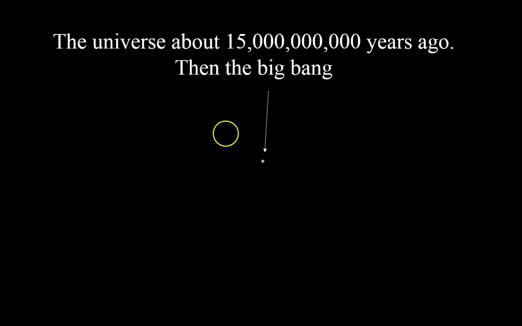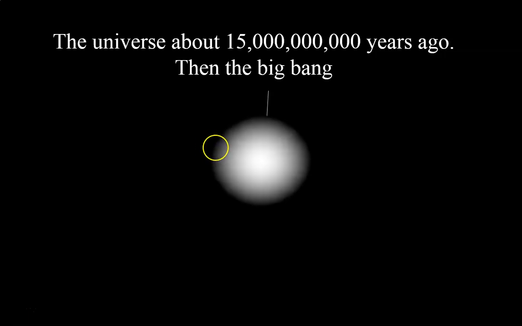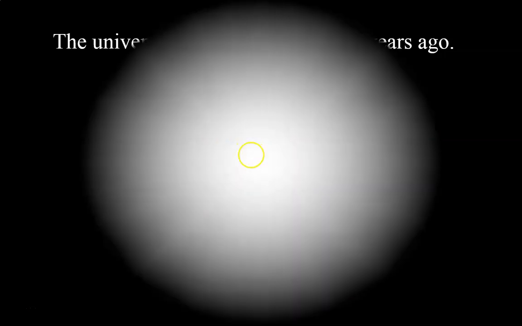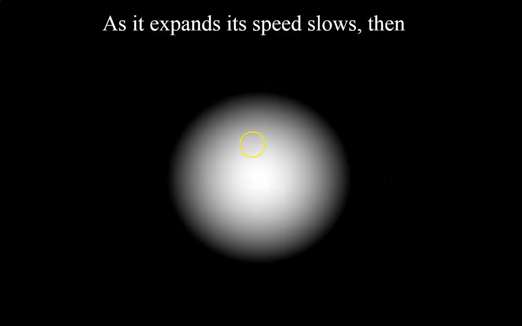So the universe was about 15 billion years ago, is that right? Yeah, I think so. It started off as this small, amazingly condensed unit of matter, then it expanded.